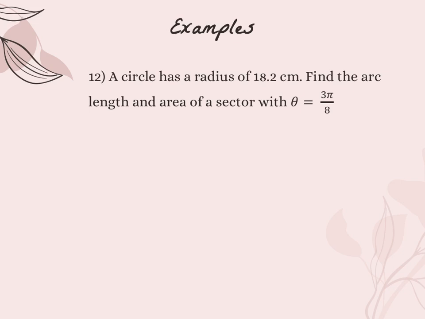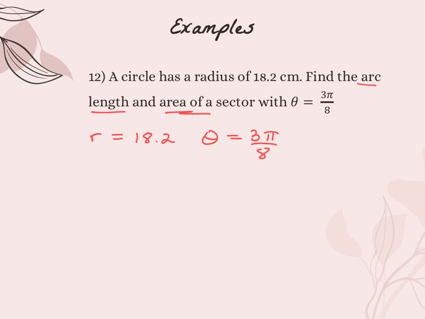It says a circle has a radius of 18.2 centimeters. Find the arc length and the area of the sector. So what's given here, my radius R is 18.2. And theta is given to me in radians, so I'm good. I don't need to convert anything.